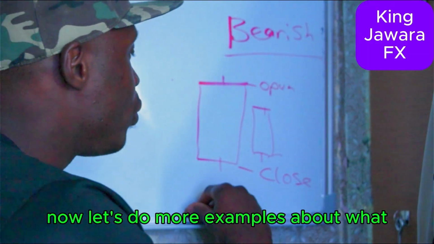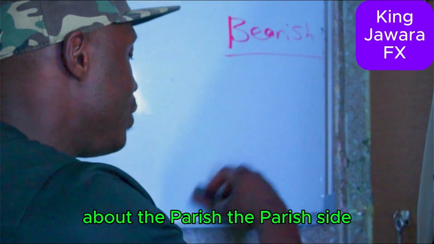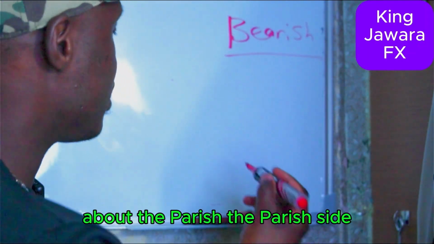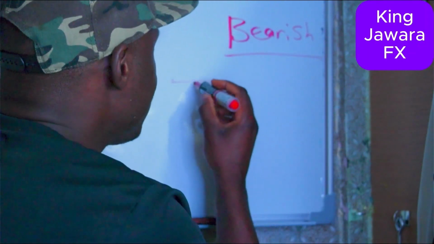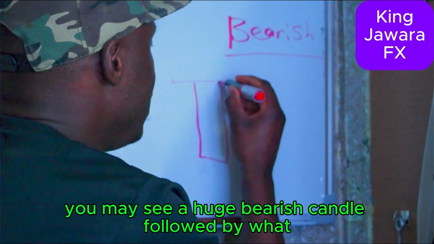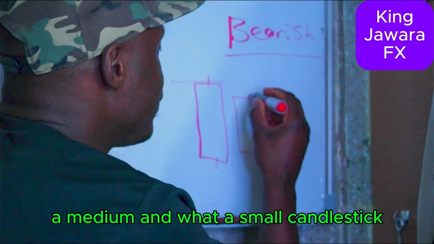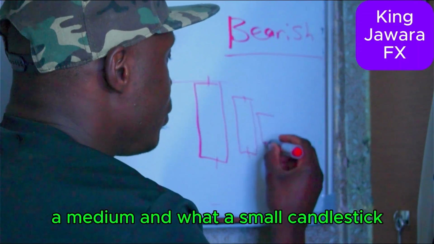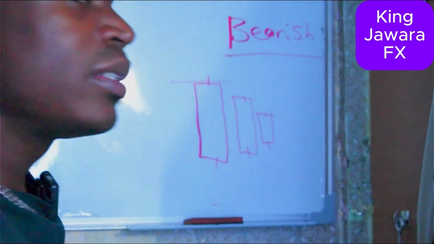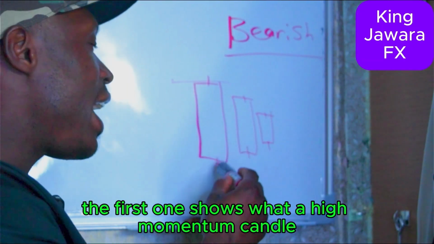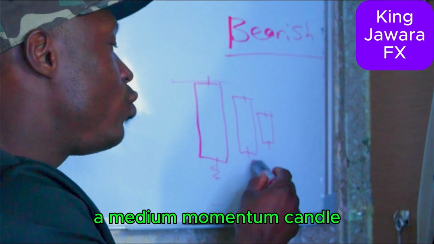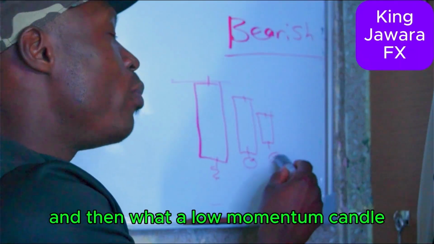Now let's do more examples about the bearish side. You may see a huge bearish candle followed by a medium and a small candlestick. The first one shows a high momentum candle, a medium momentum candle, and then a low momentum candle.